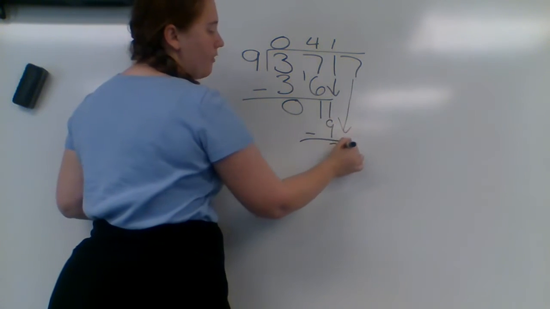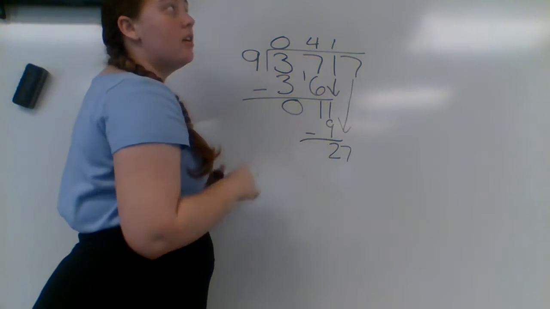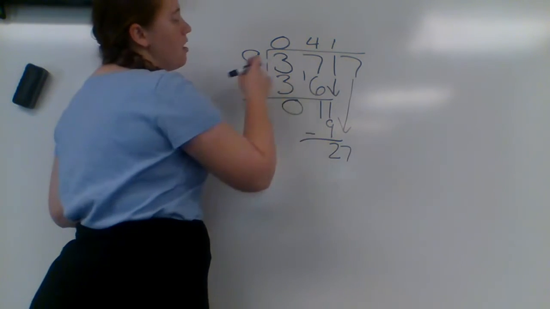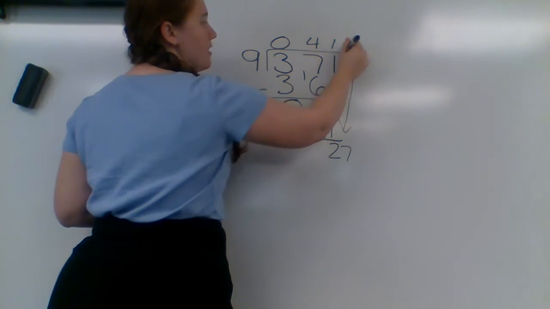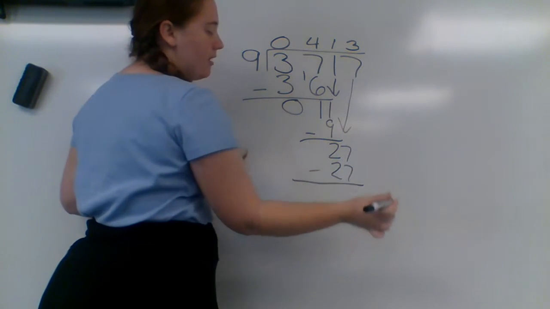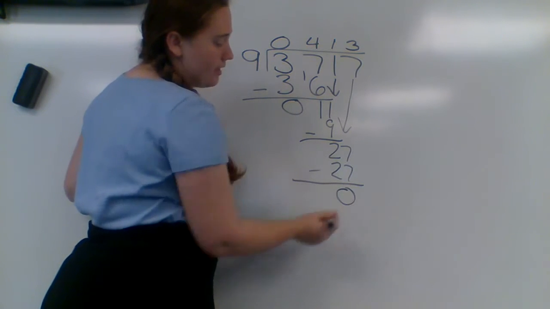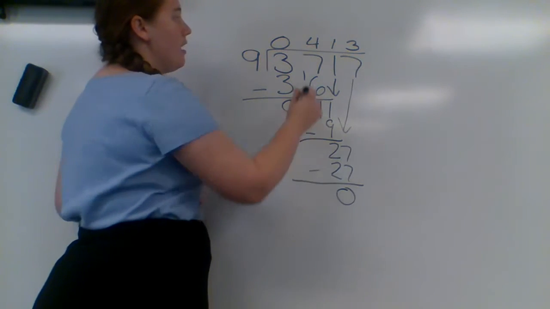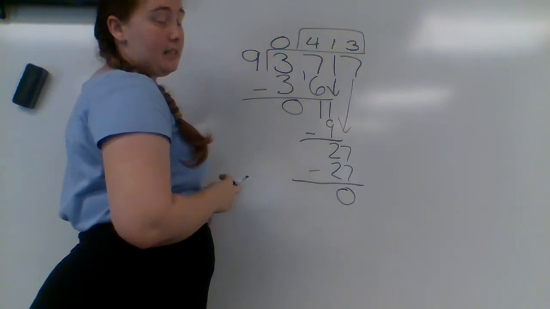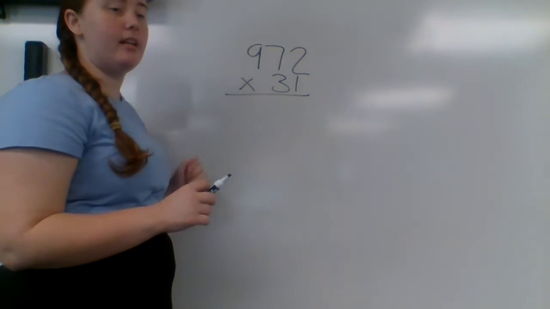And bring down the 7. 9 will go into 27, I want to say 3 times. 3 gets put above the 7. 3 times 9 is 27. Subtract. 27 minus 27 is 0. And my answer is 413.